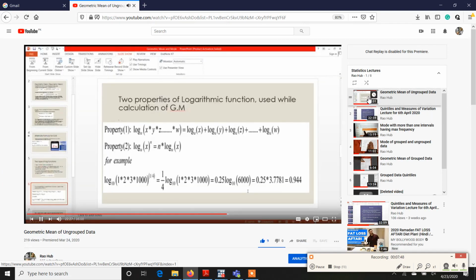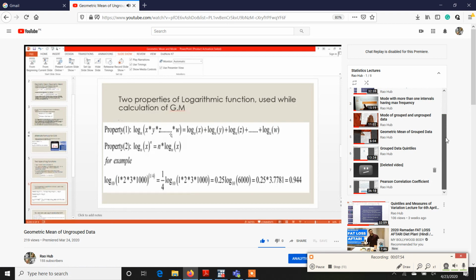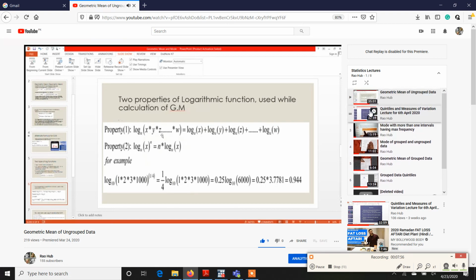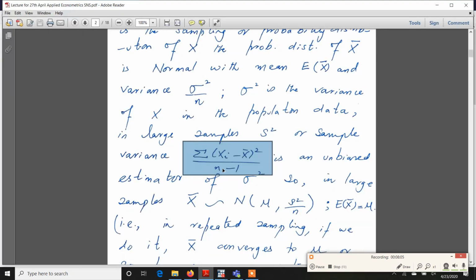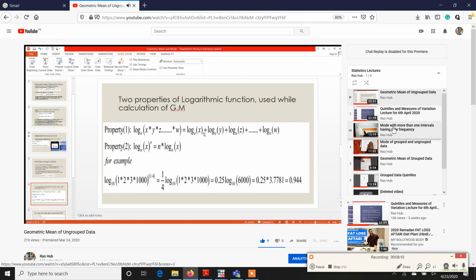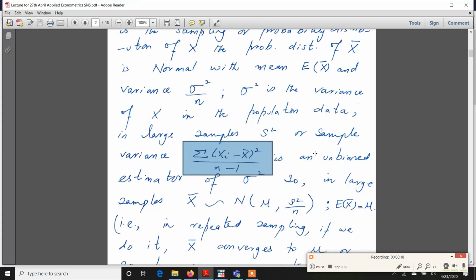For example, this one is on geometric mean, we have another one on mode, and similarly we have this one, quantiles and measures of variation. Actually, this lecture has details about the concept of variance. So if you want to revise the concept of sample variance, you can watch this particular video, quantiles and measures of variation, lecture for 6th April. If you watch this one, you will understand what sample variance is.